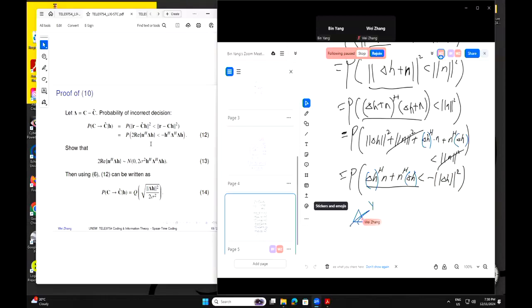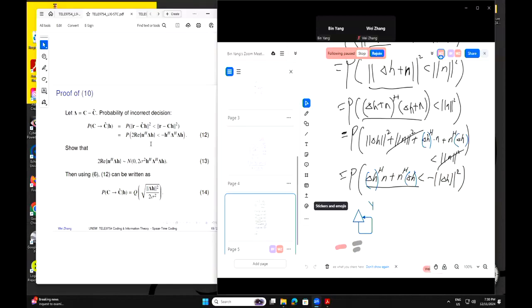Let me try to. I cannot remove it, so I don't know what happened. Okay, forgot that. I need to rewrite. I don't know why I cannot. Probably this case. No. Why? Okay, I write right here.